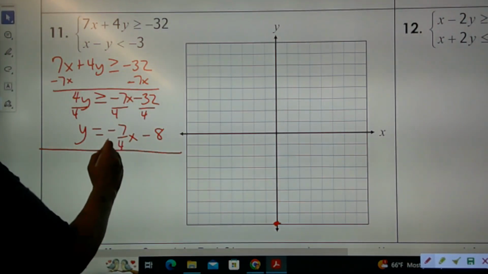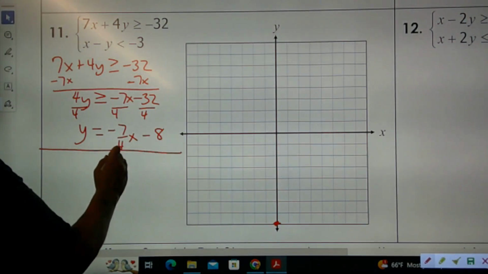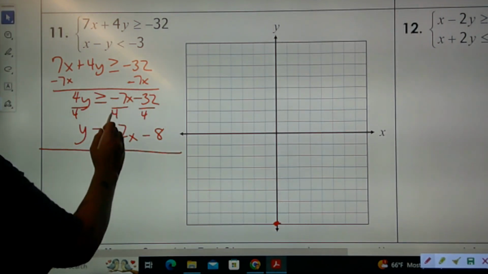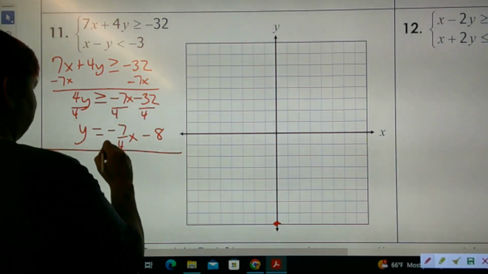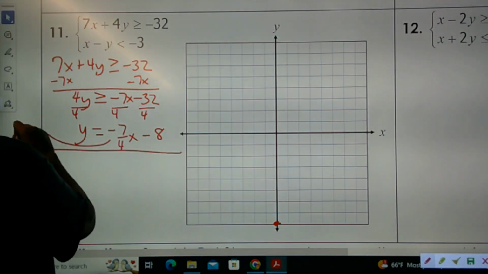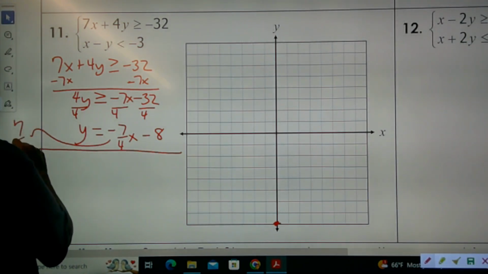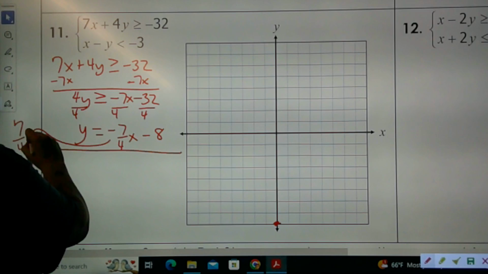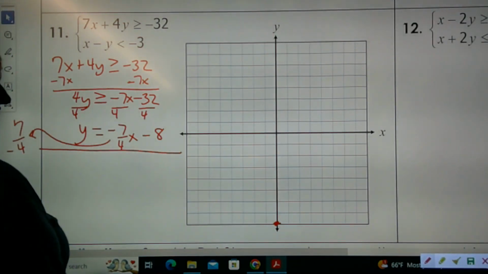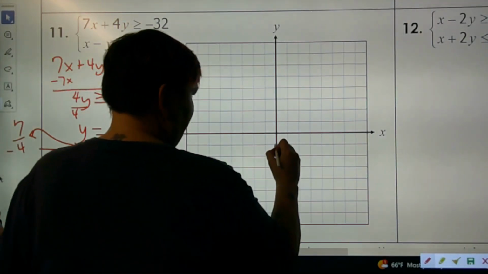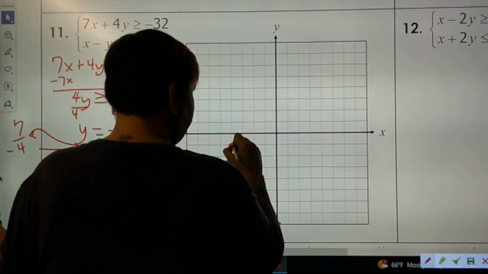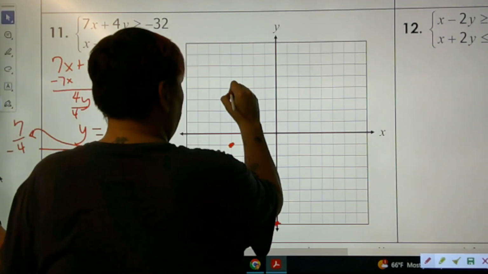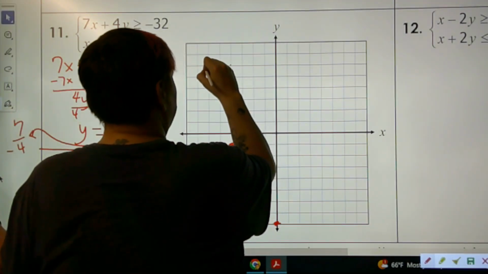Down 7, right 4. Or flip it, like up 7, left 4, right? So instead, we're going to go up 7, left 4. It's equivalent. It's equal. Up 7, 1, 2, 3, 4, 5, 6, 7, 1, 2, 3, 4.